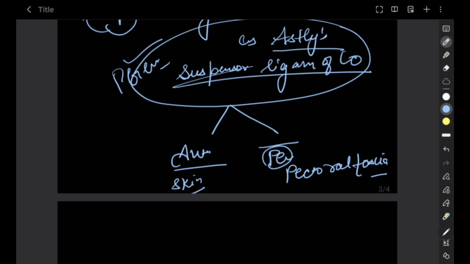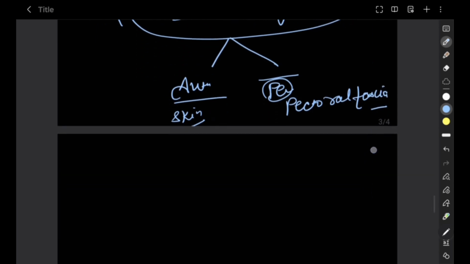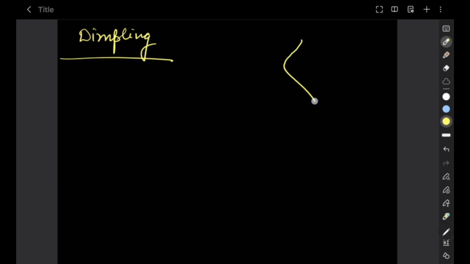Fine. Okay. Now a word comes. What is dimpling? What does dimpling mean? See, this is the breast, and a tumor or a lipoma kind of thing happens. Then if the breast skin shrinks inward, it is known as dimpling.